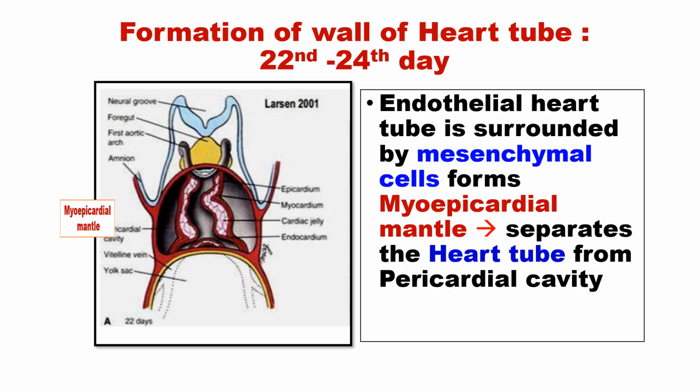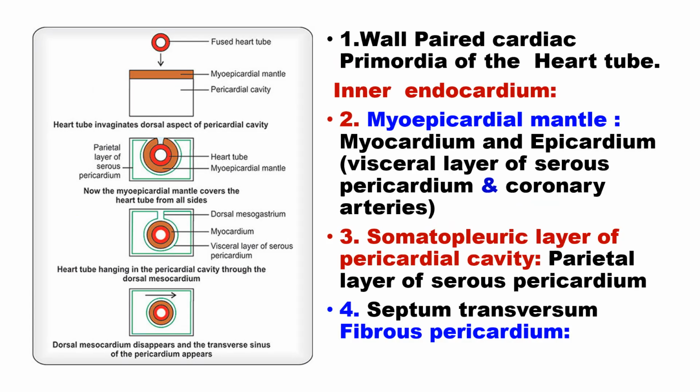The endocardial heart tube is surrounded by mesenchymal cells which form the myoepicardial mantle, which separates the heart tube from the pericardial cavity. The wall of the paired cardiac primordia forms the inner endocardium. The fused heart tube enters through the dorsal wall of the pericardial cavity into the pericardial cavity.